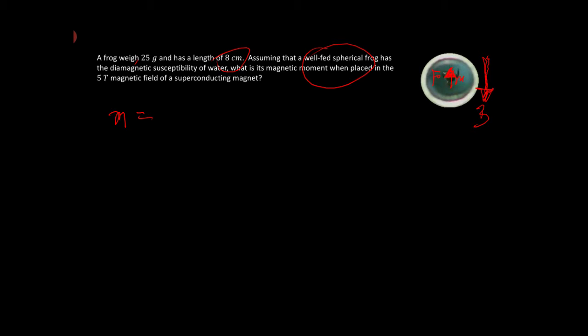So that's equal to chi, the susceptibility, which is the thing we have to look up, over this mu naught that we were just talking about, the permeability of free space, which is something you worry about mostly in SI units, times the volume times the magnetization.